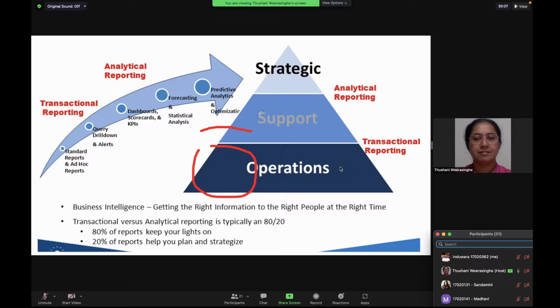So when you prepare a development system, you have to think about developing a large number of reports in order to support these level people. Comparatively, for analytical reports you need about 20% of the total.